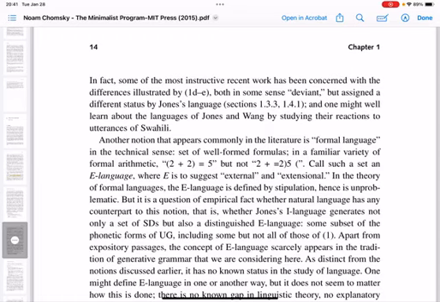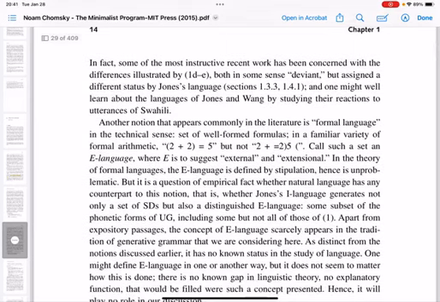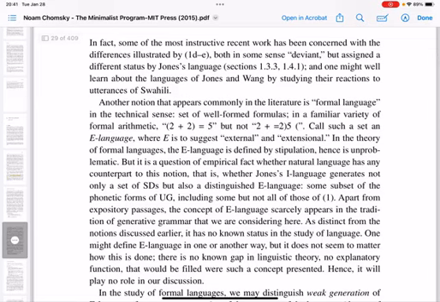Another notion that appears commonly in the literature is formal language, in the technical sense, a set of well-formed formulas in a familiar variety of formal arithmetic. Such a set is called an E language, where E is to suggest external and extensional. In the theory of formal languages, the E language is defined by stipulation, hence is unproblematic.